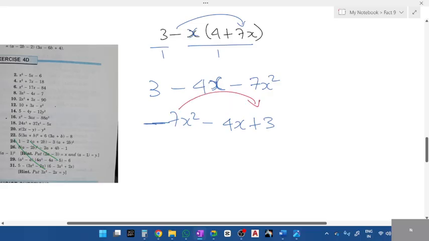There are three terms. You have to multiply first and the last. You get minus 21x square. Find all the factors of 21. You have to get minus 4.